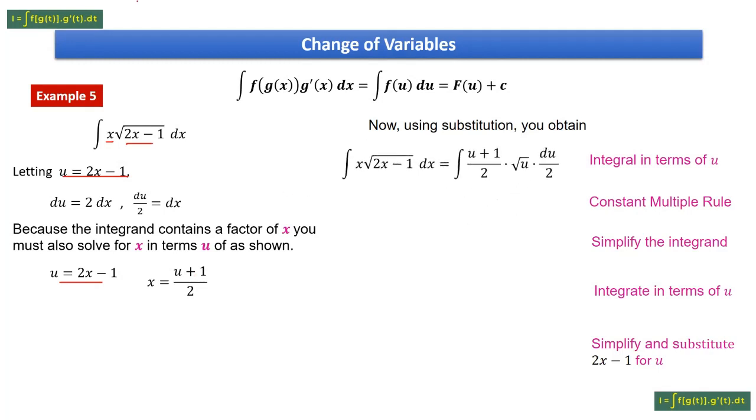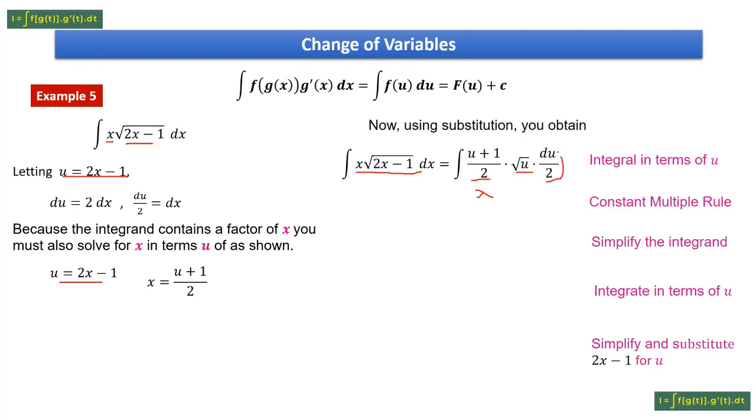Then proceeding, we will substitute this. That's why it's called the u substitution. We will substitute the u in this original integrand. So we have here the integral equals u plus 1 over 2, which is the x part, and this is the square root of 2x minus 1, and the dx is du over 2.